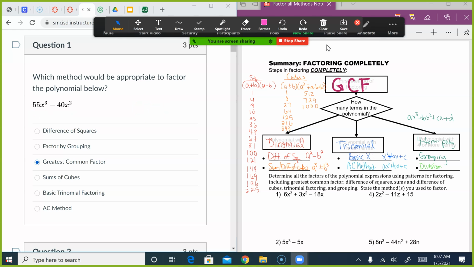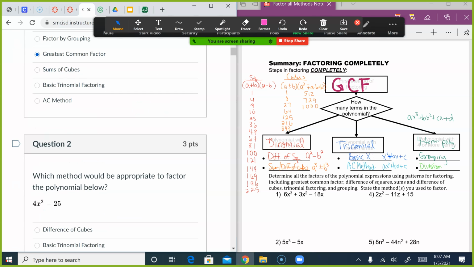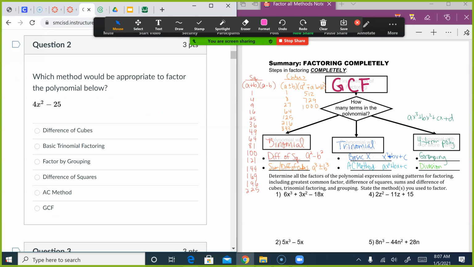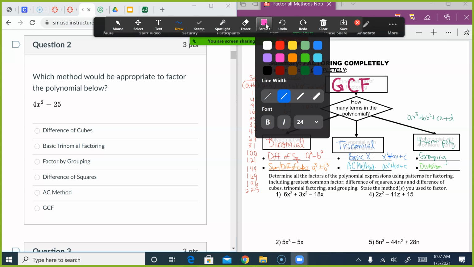Moving on to the second one, number 2. So this time, checking for a GCF again. We see if there's a number I can divide both of these by. 4 is 2 and 2, 25 is 5 and 5, so no number. So then I go to see what kind of polynomial it is.